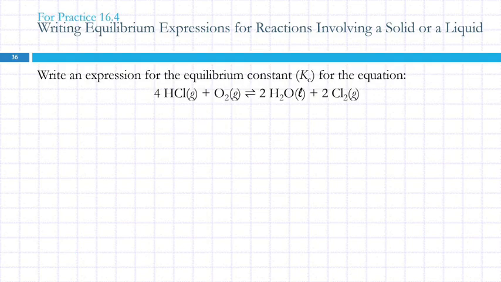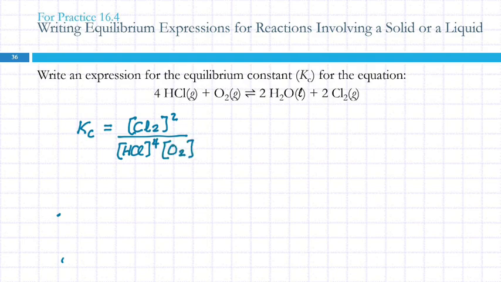Here's another example. So what would the numerator be? Cl2 squared, right, divided by HCl to the fourth power and O2 to the first power.